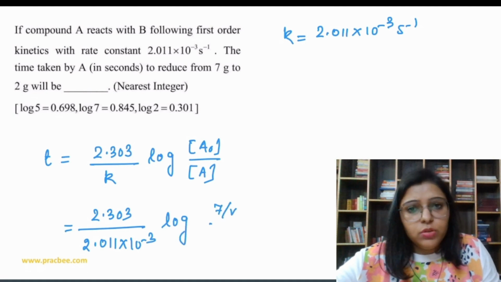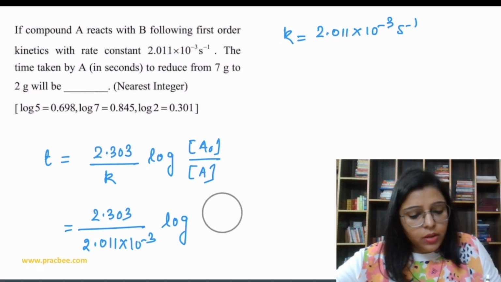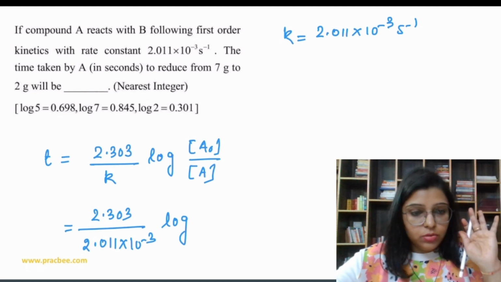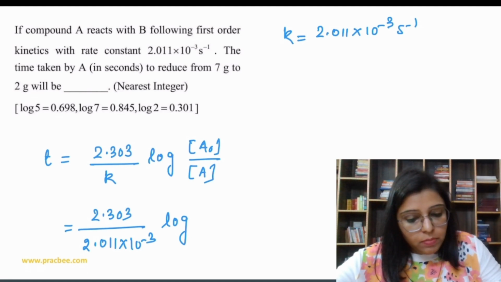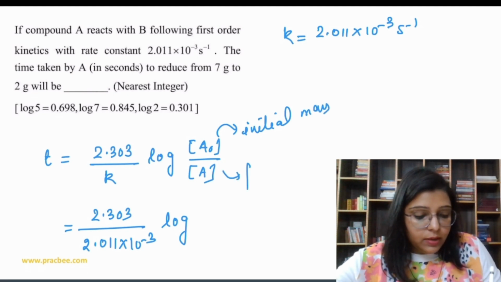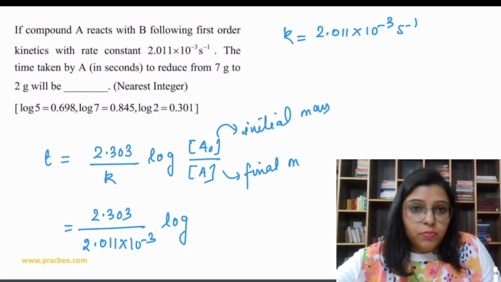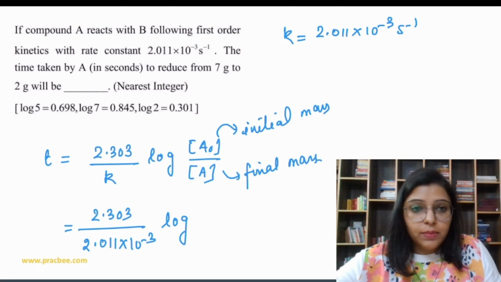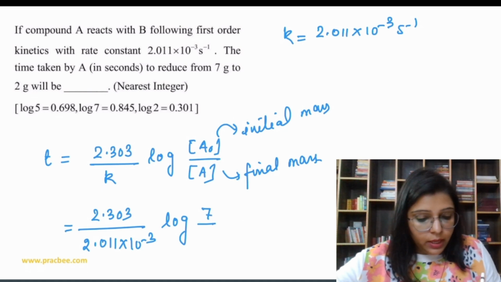some volume. These will be moles, so the volume is going to be the same. So we can even take the mass also, like initial mass and then final mass. Because if mass is the same, then moles are the same, and then the concentration is going to be the same. So we can say 7 by 2.